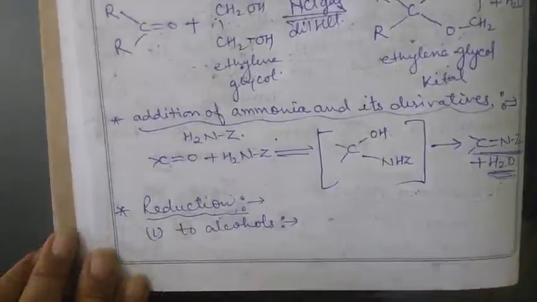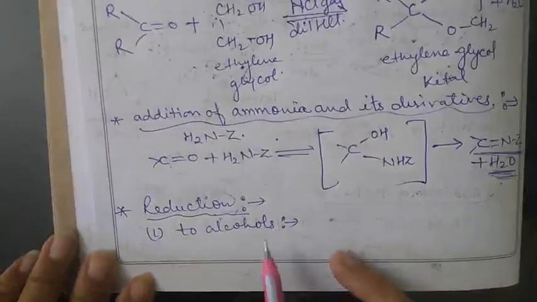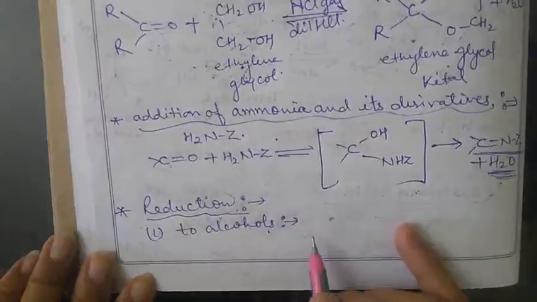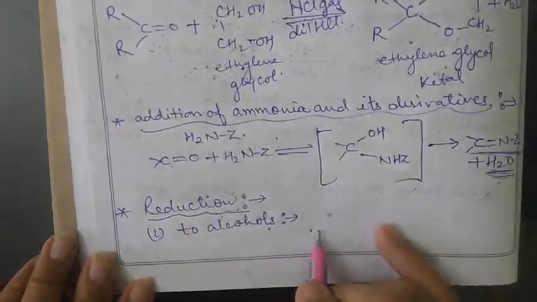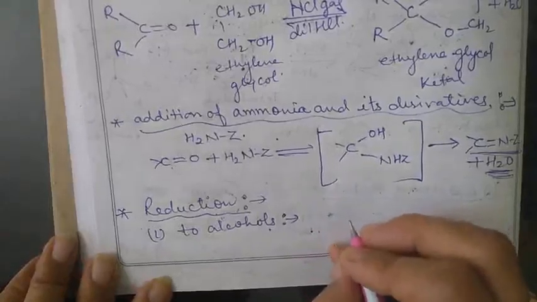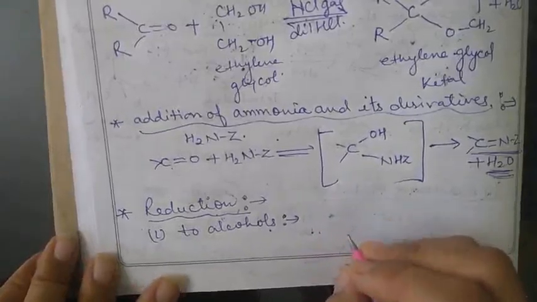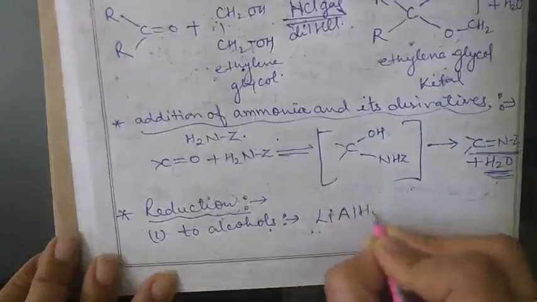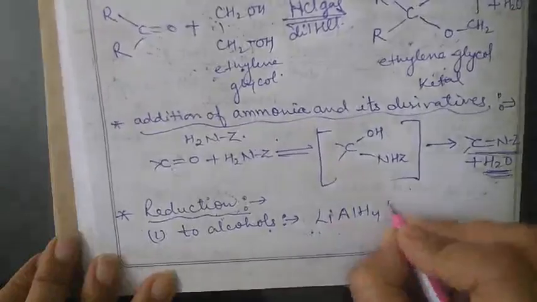Aldehyde and ketone are reduced to primary alcohol as well as secondary alcohol by sodium borohydride, NaBH4, or a reducing agent LiAlH4, lithium aluminum hydride.